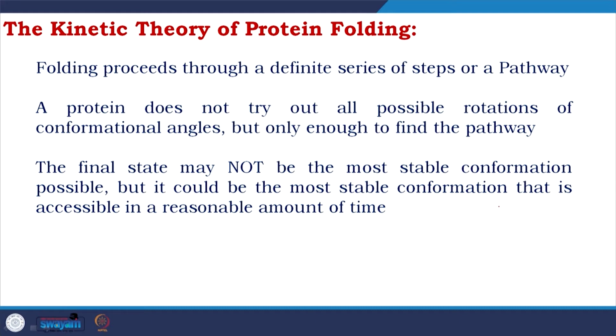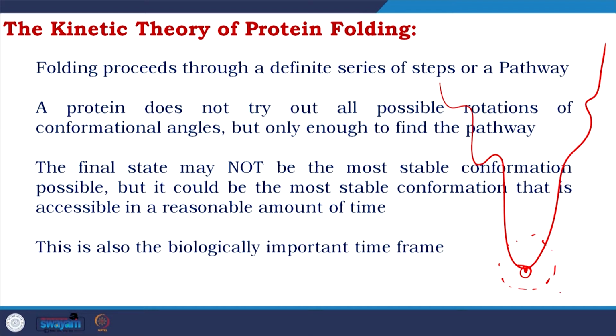So, what it means is that if this is the pathway, probably it is not achieving here, but the energy state is in this region. This is also the biologically important time frame of folding.